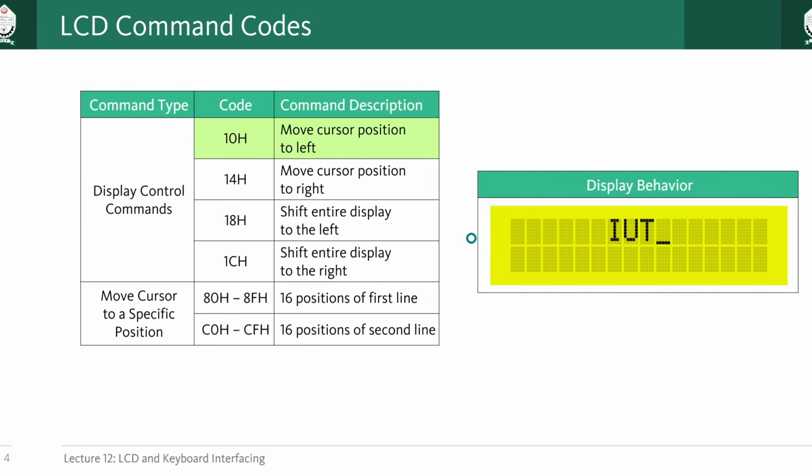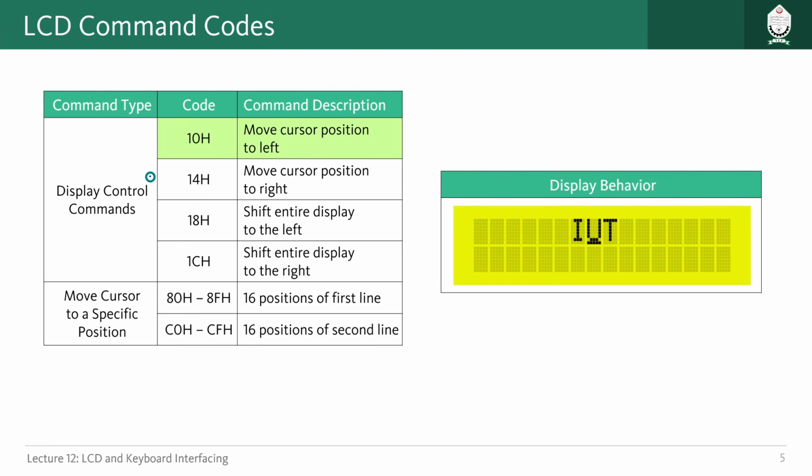Next, we have similar kinds of display commands. If we want to move the cursor position to the left, we can use this command. You see, just the cursor position is moving. When we move that, if we write something, that particular character will be shown in that position of the cursor. That's why this is needed. And also we can move the cursor position to the right.